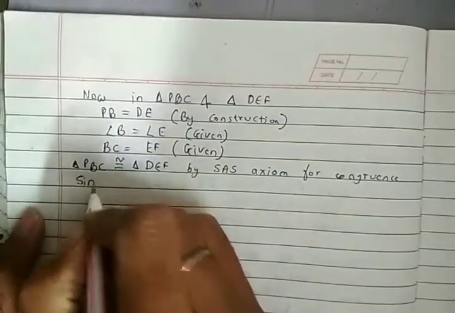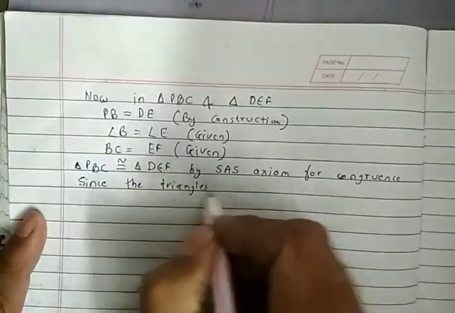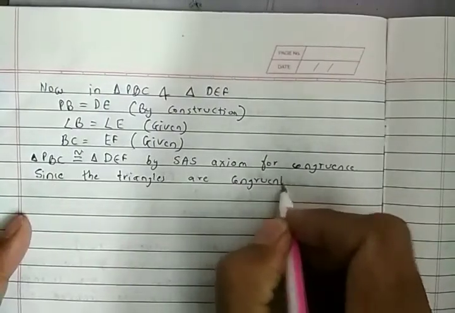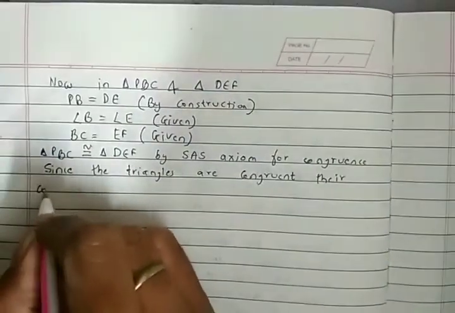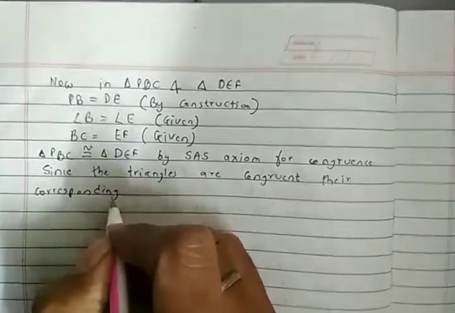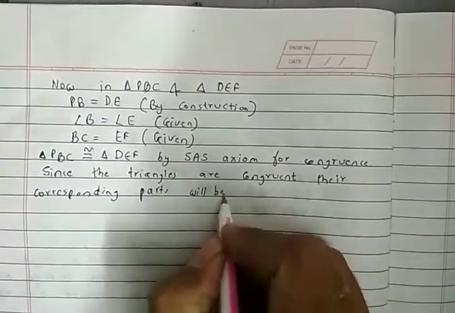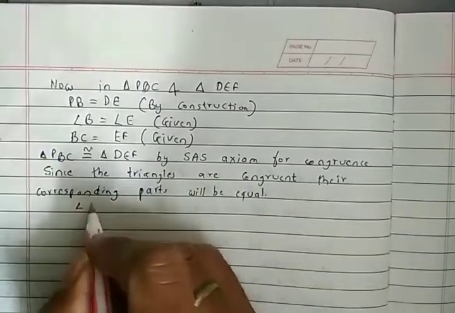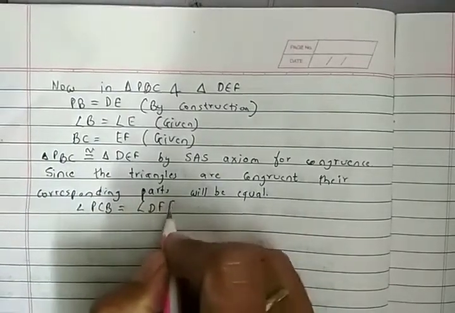Now, since the triangles are congruent, their corresponding parts will be equal. So we can say that angle PCB is equal to angle DFE.